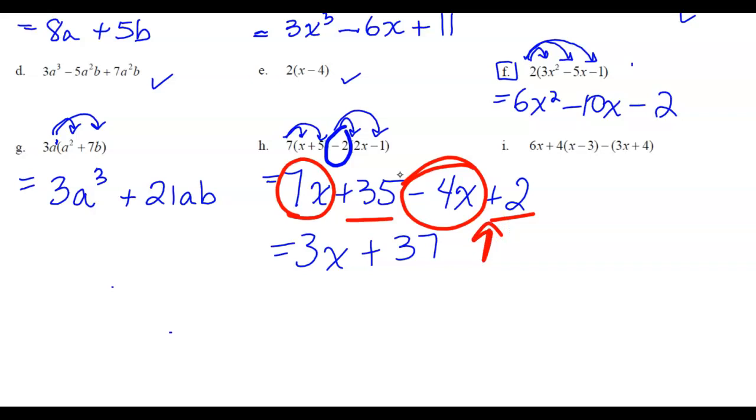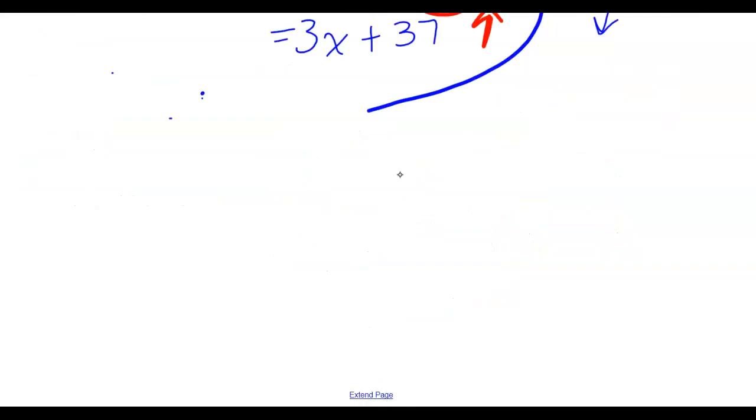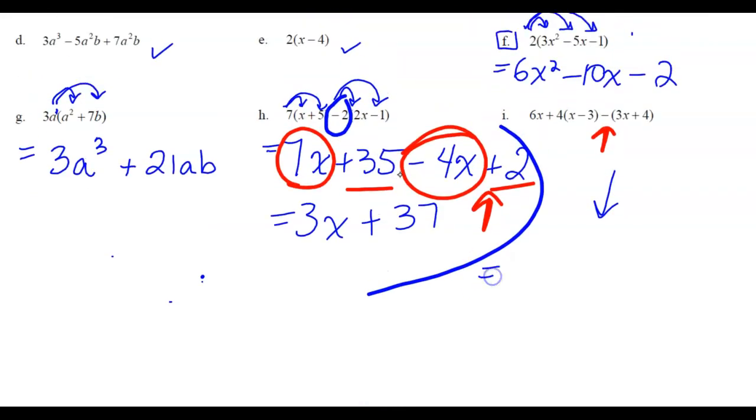Same thing here. We're subtracting everything in the brackets, so we have to subtract 3x and we have to subtract 4. Because I have to write a little bit bigger now, I'm just going to do it down here. This is going to equal 6x. There's nothing to do with 6x. Then we have to expand the 4 into the first bracket, so that's plus 4x minus 12.